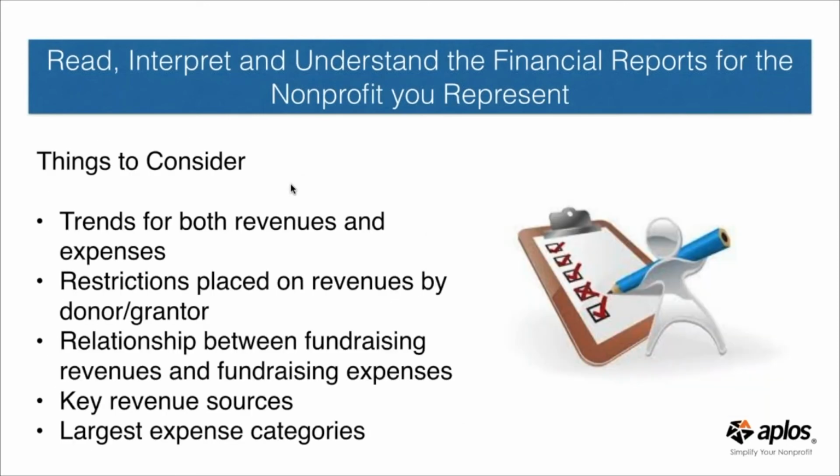Some things to consider here: as a board member, can you understand the trends for both revenues and expenses, not only monthly but quarterly? I don't know how often each of your boards meets. Some are monthly, some are quarterly. But the idea is, can you look at trends and read that in a report? In other words, why is revenue so high this time of year versus another time of year?